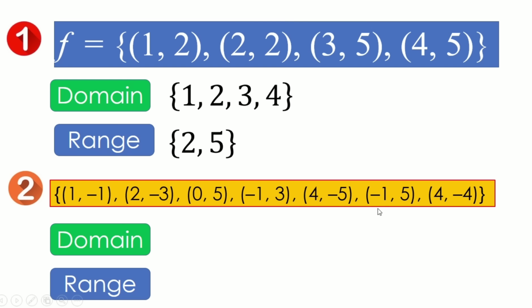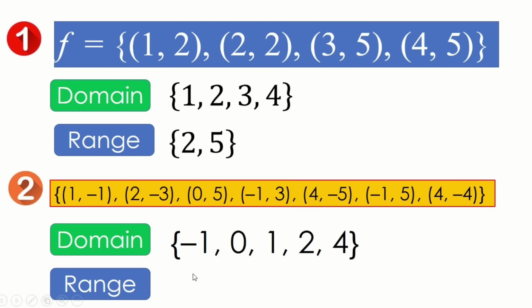Hindi siya nakaayos, no? Mas maganda i-arrange natin using the number line, so unahin muna natin ang mga negative numbers. So, the domain is -1, 0, 1, 2, and 4. Nag-start tayo sa -1 para yung sagot nyo organized, makikita mo yung pagkasunod-sunod.